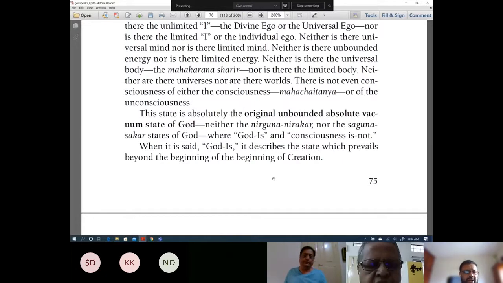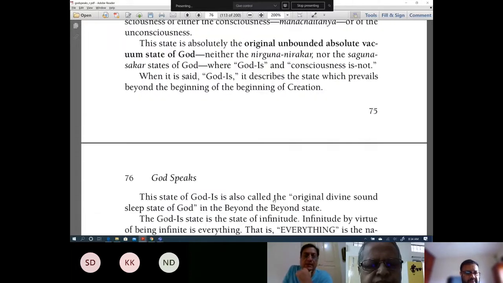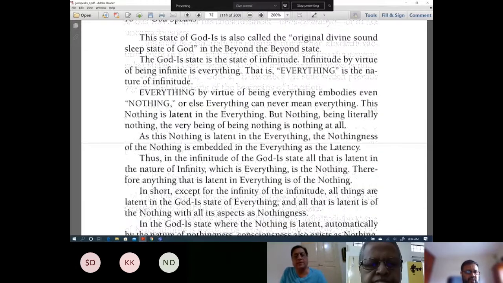I think the best way to understand this is the stage before the whim, like you said. So when it is said God is, it describes the state which prevails beyond the beginning of creation. Correct. And there is no second, as Kama said. It's a secondless state. So let's read this.